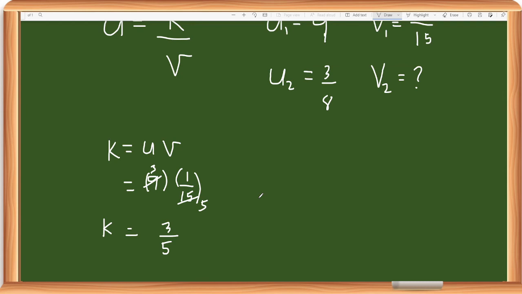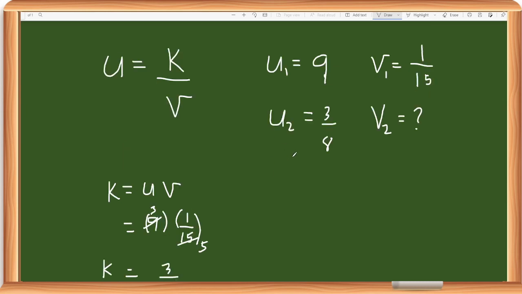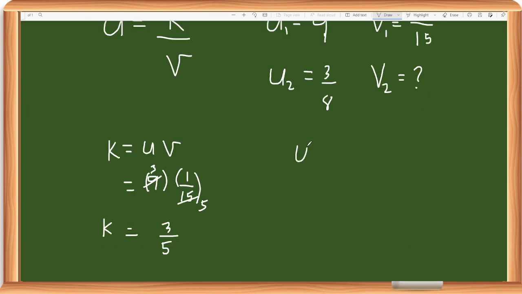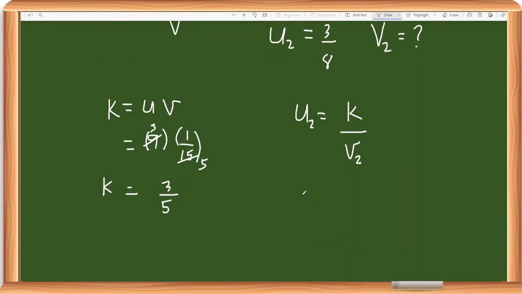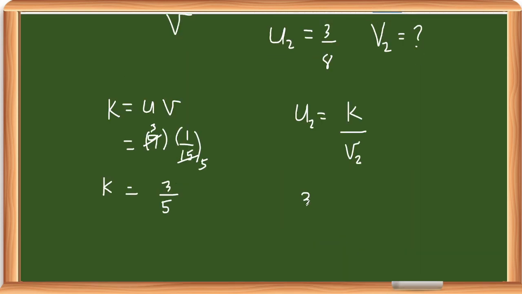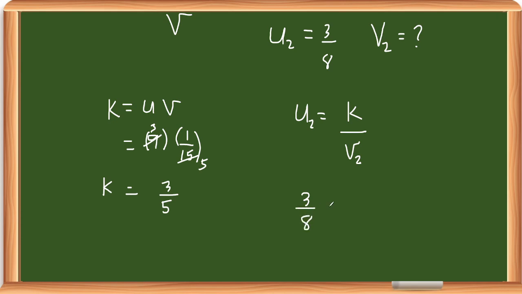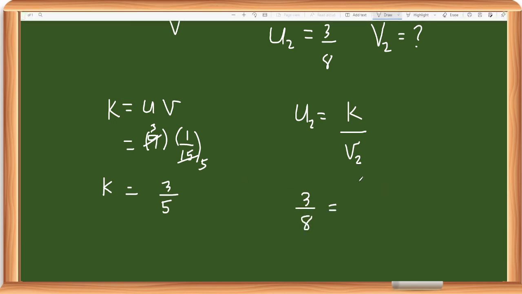Tapos, substitute na natin siya ngayon. You have, since the situation is u is equal to k over v, and we are looking for v sub 2, no? So, v sub 2 yung hinahanap natin, and u sub 2 ang given. Ang u sub 2 mo is 3 over 8. So, let's plug it in. 3 over 8. And then equal to, yung k mo is 3 over 5 and over v sub 2, which is what we are looking for.